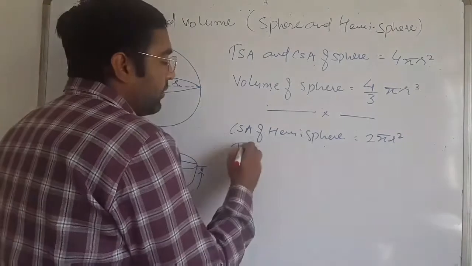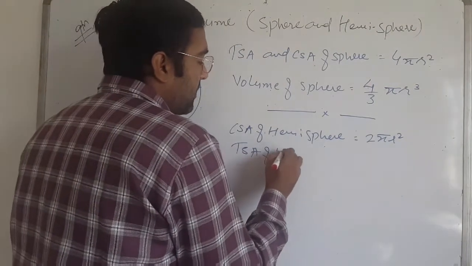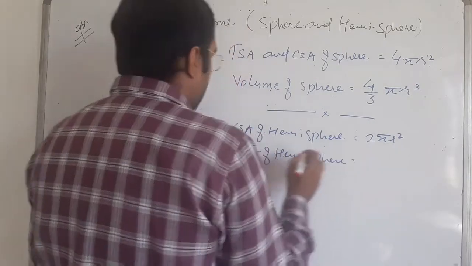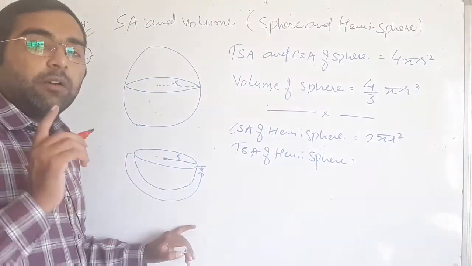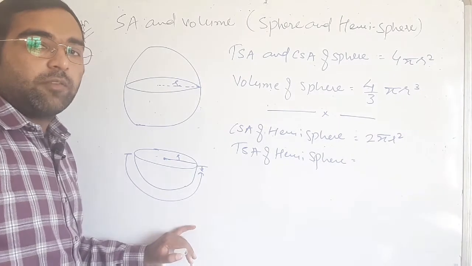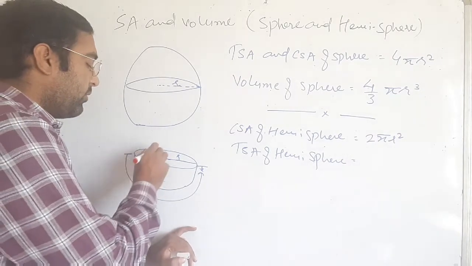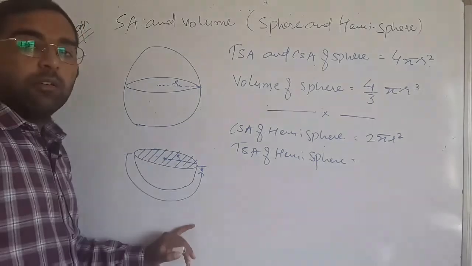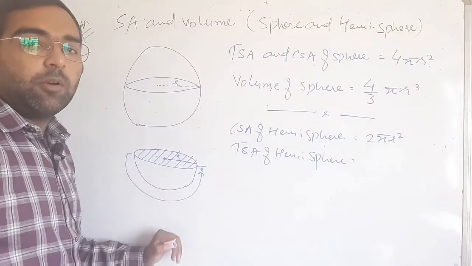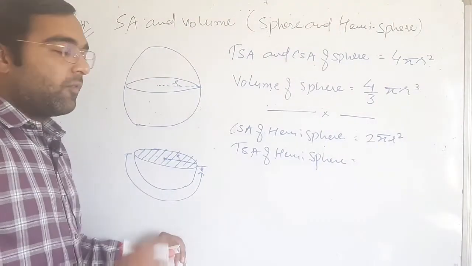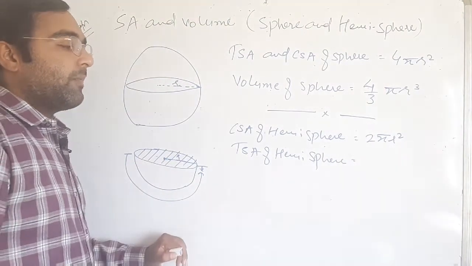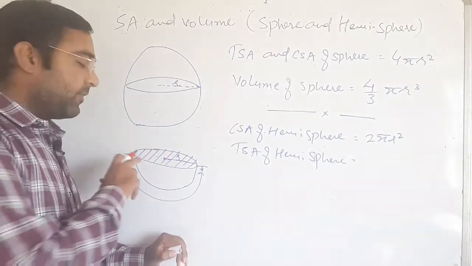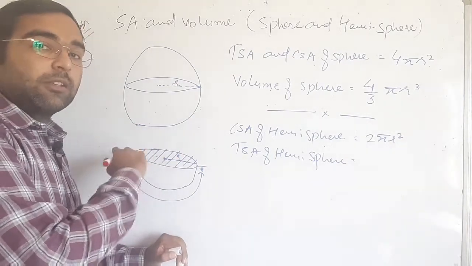Now let's move to the total surface area of the hemisphere. When we talk about the total surface area, we mean the closed hemisphere. For the closed hemisphere, the total surface area is the curved surface area plus the area of the top, because it is closed.